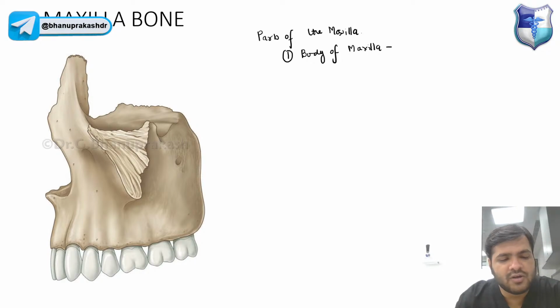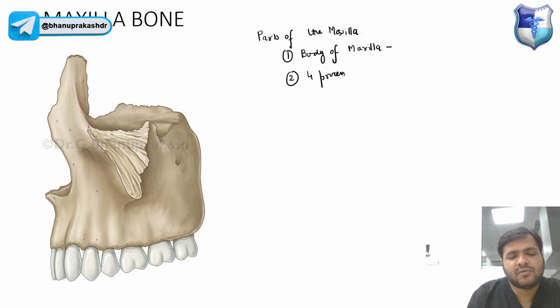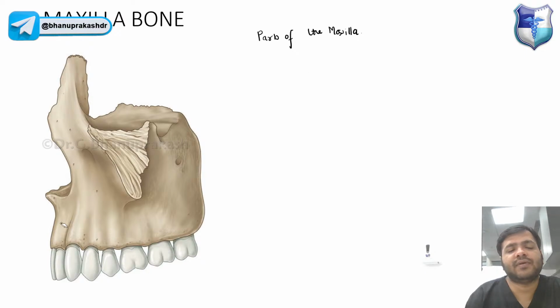So we have the body of the maxilla, and we have 4 processes, guys. Let me write it down in this way. So we have the body and 4 processes.